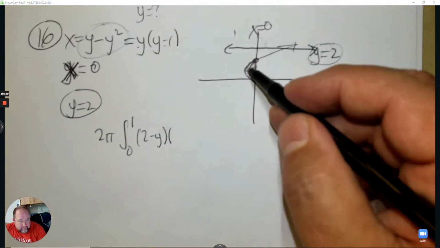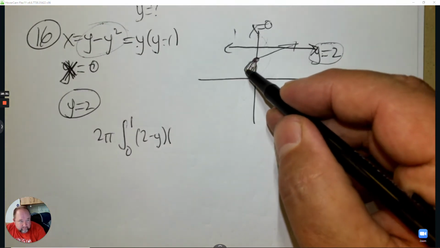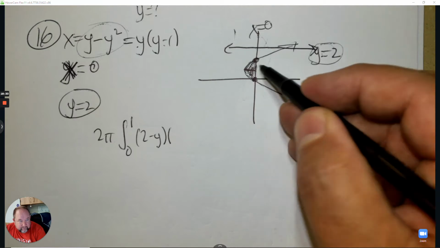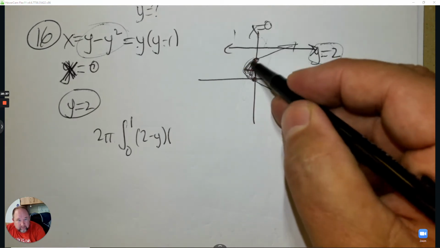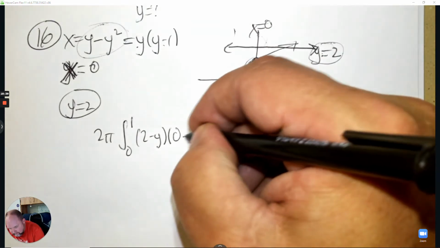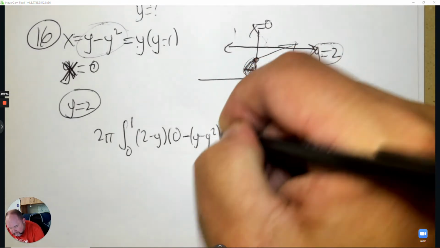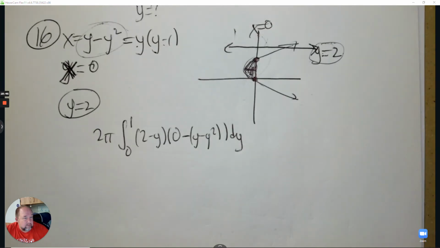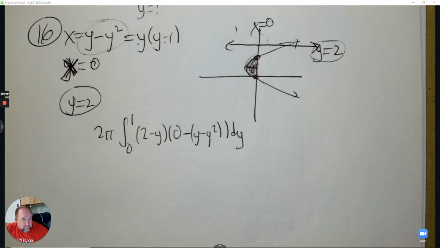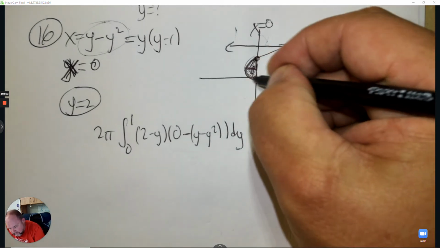And then the height of it goes sideways. So it's right subtract left. So it's 0 subtract that. Oh, yeah, right subtract left.